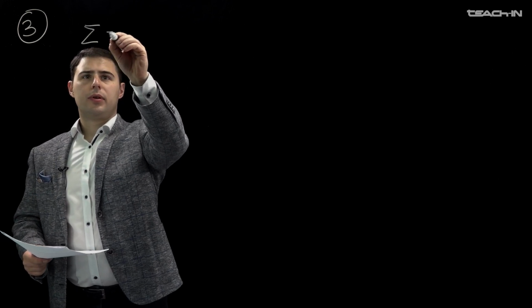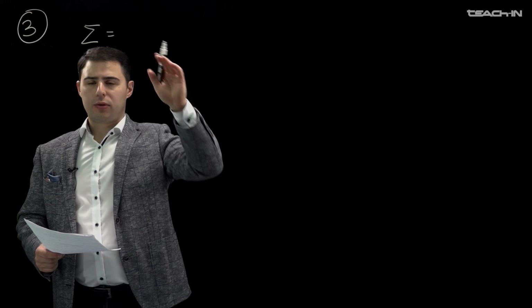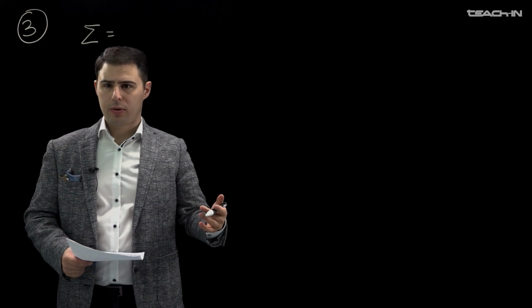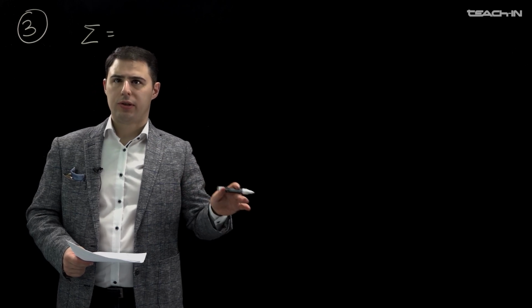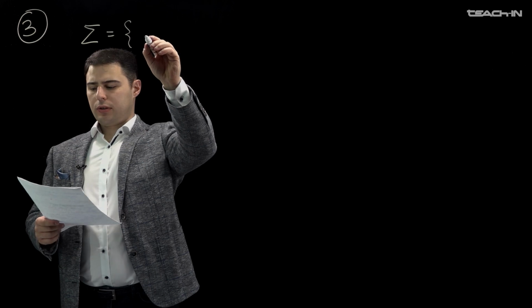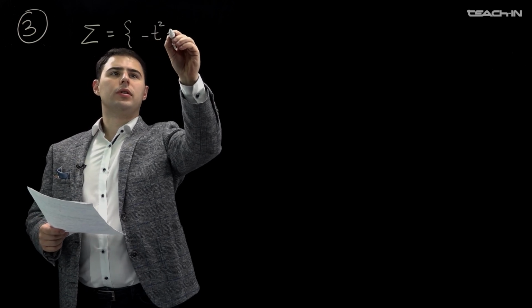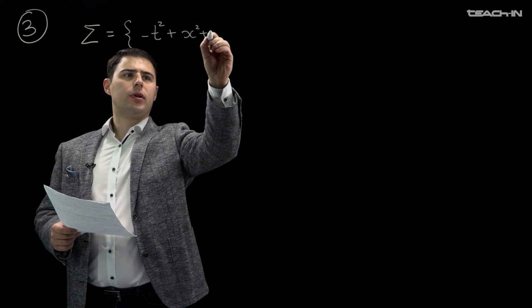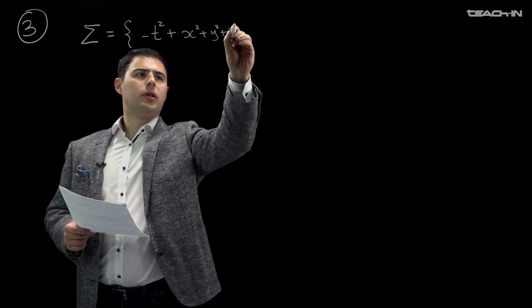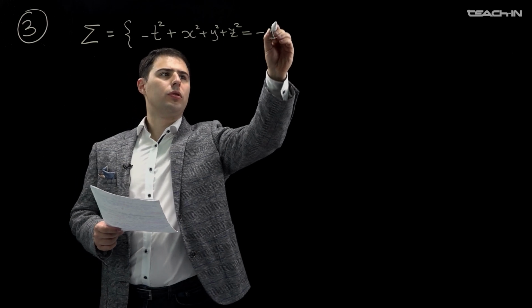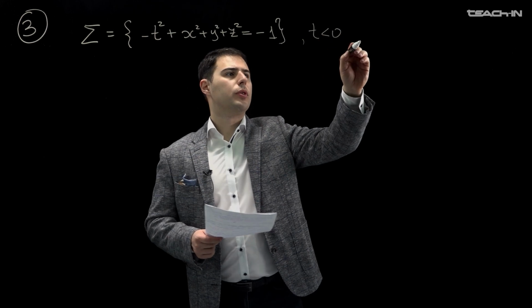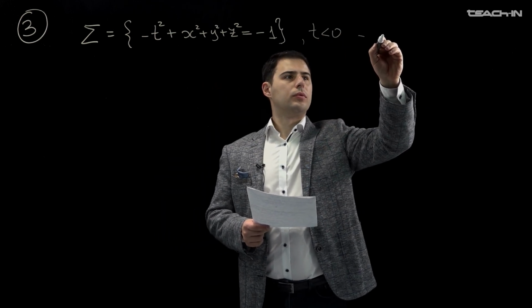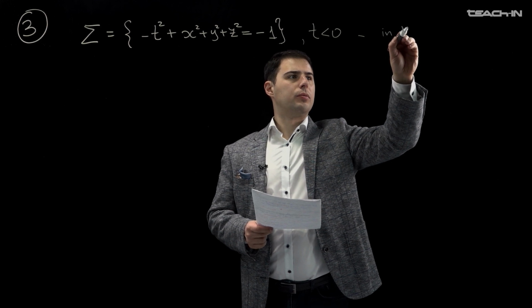So let's have the initial data defined on a hyperboloid within the past light cone in Minkowski spacetime. So sigma is minus t squared plus x squared plus y squared plus z squared equals minus 1, and we have t less than 0, in Minkowski.